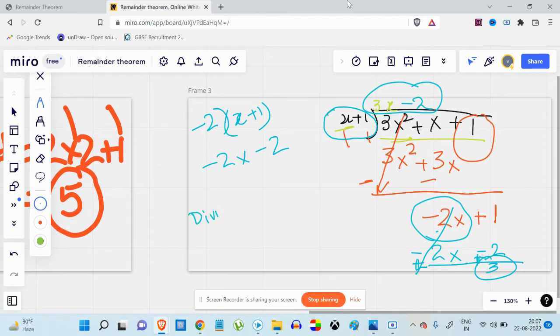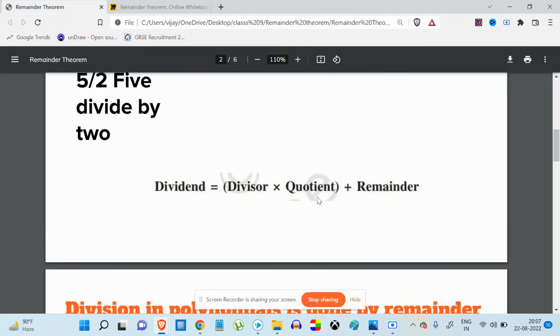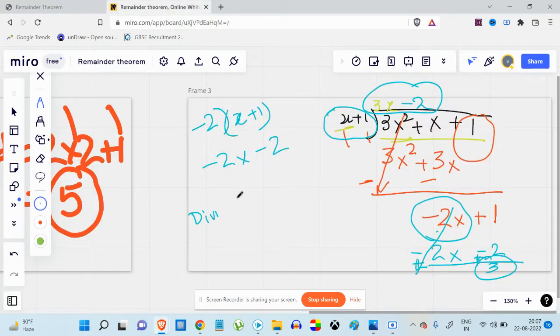Now we can write the same formula. Remember, go here, see the formula again: dividend equals divisor into quotient plus remainder. Now what is the dividend? The thing which is getting divided. That will be equal to, I'm writing it here for more clarity, 3x minus 2 multiplied with x plus 1.